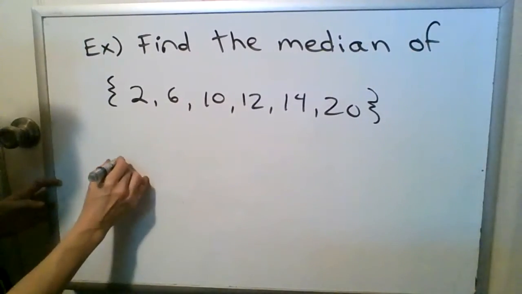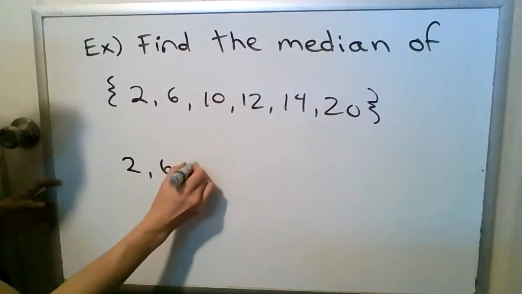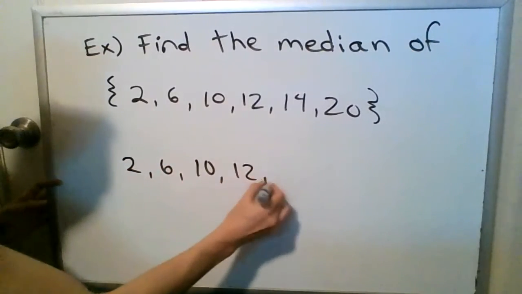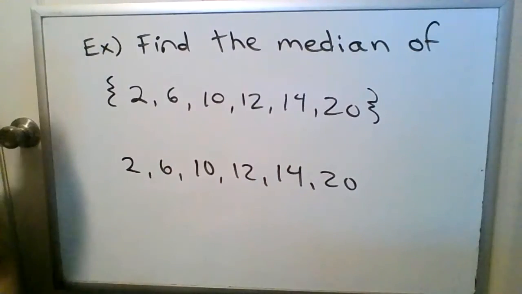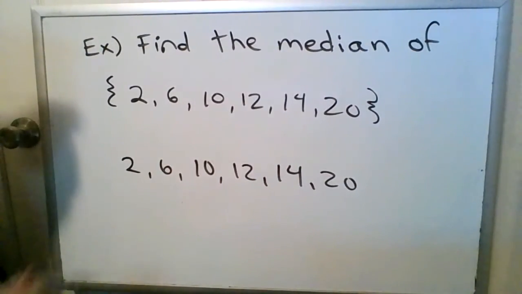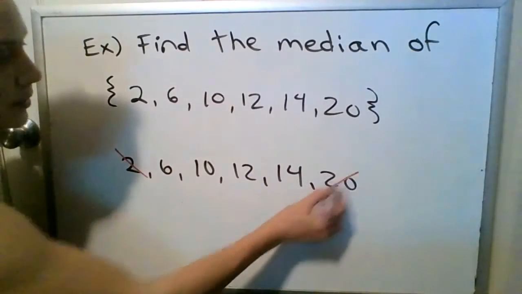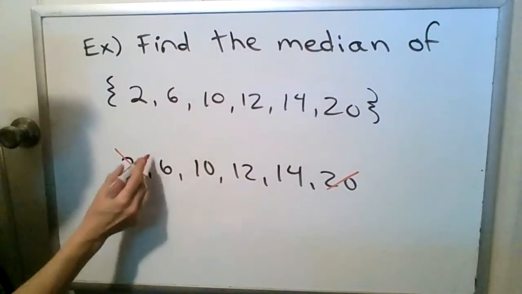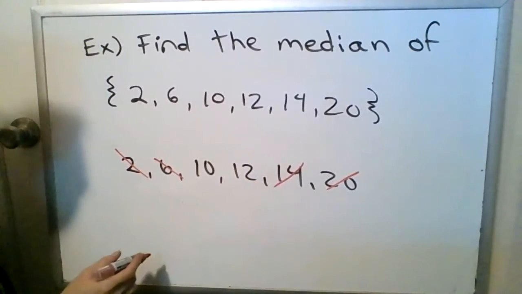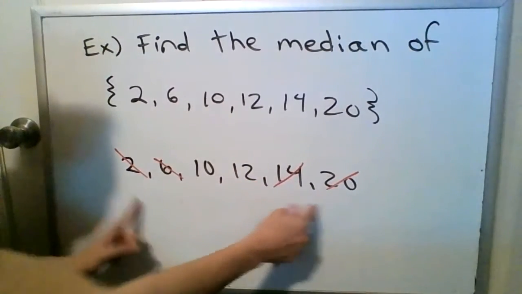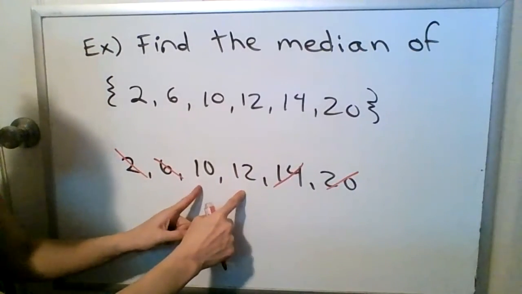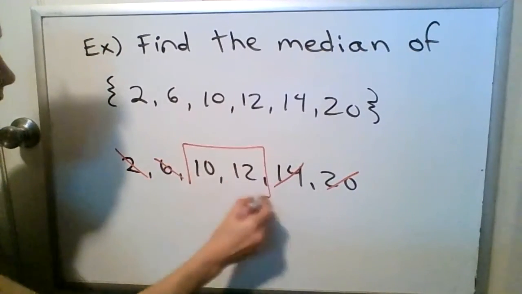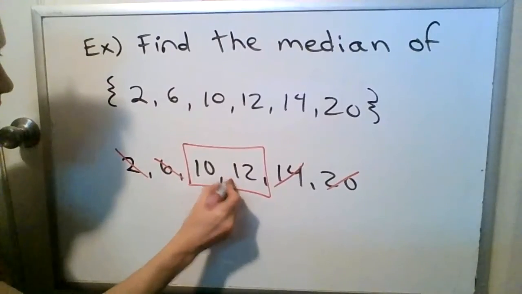I put the numbers in increasing order. 2, 6, 10, 12, 14, and 20. We start to work on step 2, where we cross out the values until we get to the middle. Okay, I've gone in here to here to here, and there's 2 numbers in the middle. So we'll find their average.